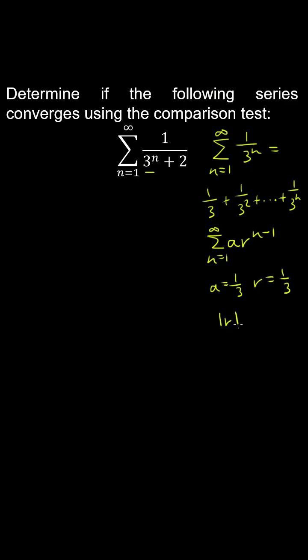So because the absolute value of the ratio is less than 1, then this geometric series converges. Now if we compare each term of both series, we can see that the terms in the first series are always less than the terms in the second series, for all n. So because of this condition, and because this series converges, then this series here also converges.